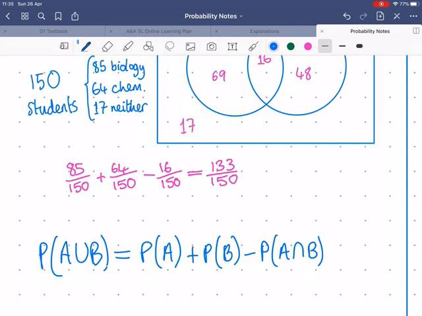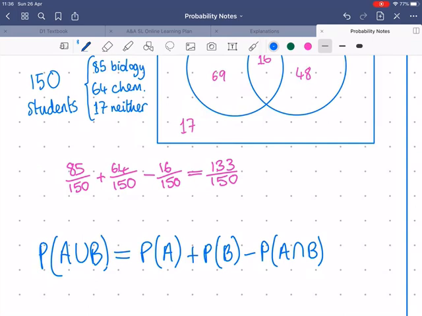Now, you might think, well, how do we know which formula to use? When do we just add them? When do we subtract this intersection? Well, the good news is that this formula actually works all the time, because when two events are mutually exclusive, then the intersection does just equal 0.